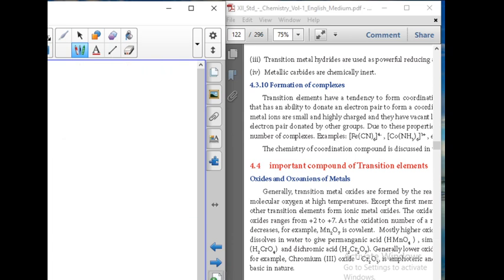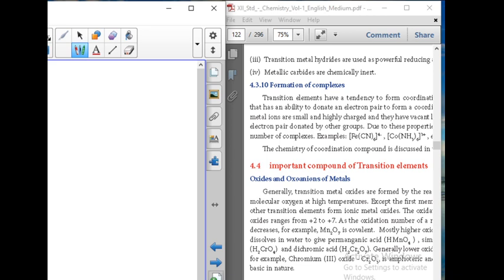So far we have discussed the D and F block elements and a lot of different properties, like atomic radius, ionic radius, color, complex formation, alloy formation, interstitial compounds, different oxidation states, ionization energy, melting points. Each and every property we are discussing and comparing with the 3D and 4D series of elements.